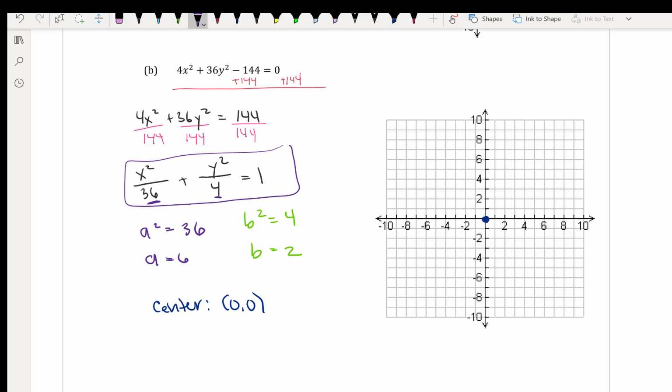Then along the x-axis, I know I'm going to be going 6 left and right. So I go 6 to the right from the center and 6 to the left from the center. Now along the y-axis, that denominator is 4. So that means I'm going to go up 2 from the center and down 2 from the center.